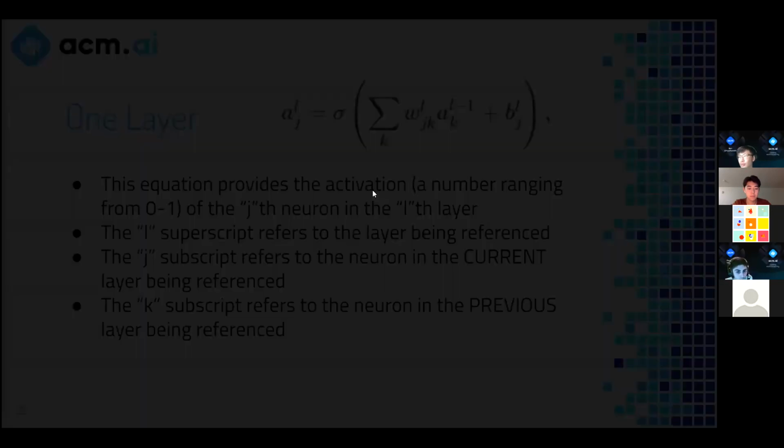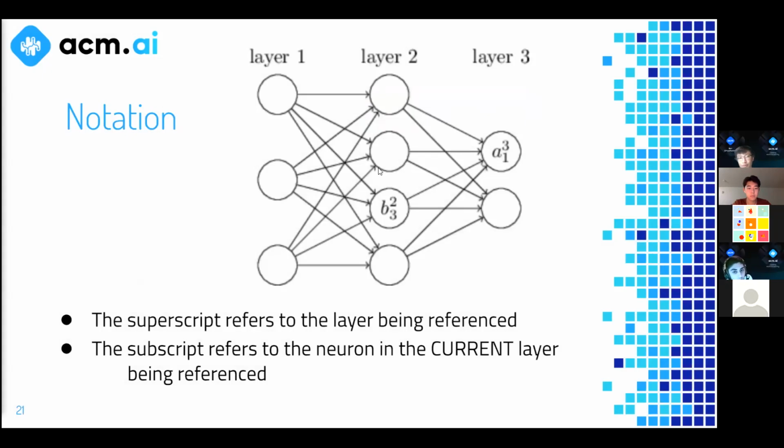So to give you some intuition for that, let's look at this one that's labeled here with the bias. If we want to find the activation for the third neuron in the second layer, we need to compute all of those little WX values for each of these 3 lines.